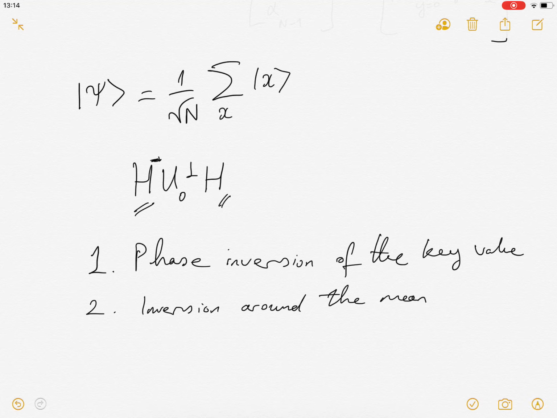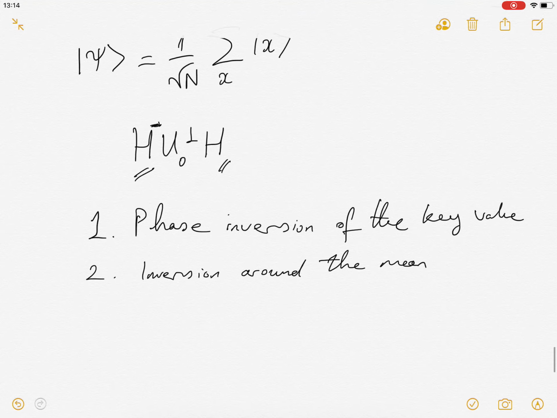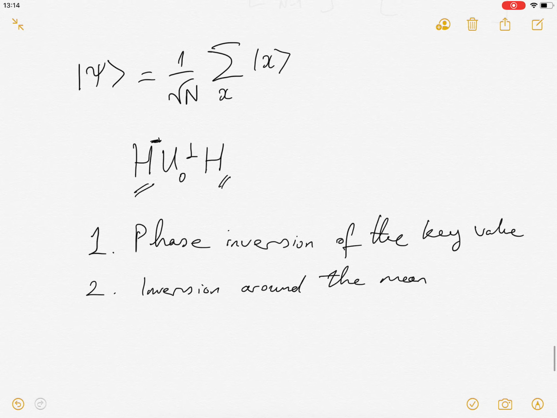But what happens if we apply them both? So let's start with the general superposition state, psi.